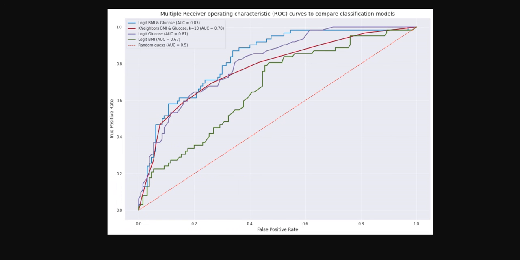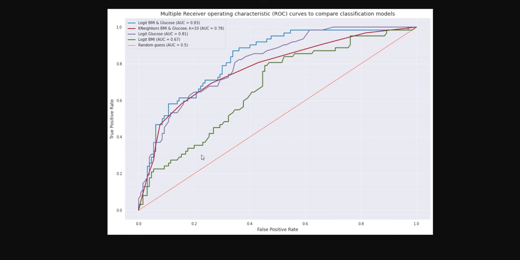As you can see here, this plot compares the logistic regression models for the one predictor variable, glucose, the BMI, and my KNN model. The AUC for the BMI was 0.67, for the glucose was 0.81, for the KNN with the two predictors it was 0.78, and the best one was the BMI and glucose via the logistic regression model.